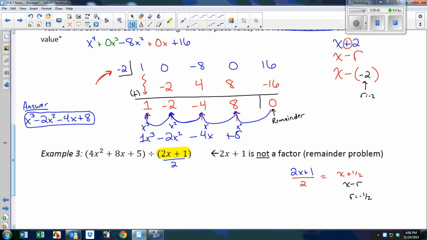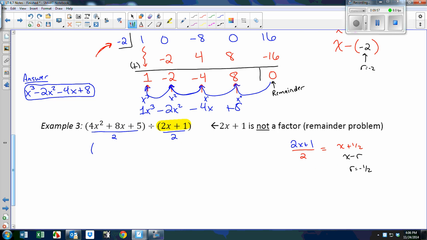So you have to come over here and divide what you're dividing into by 2 as well. Essentially, you're performing this division: 2x squared plus 4x plus 5 over 2, divided by x plus a half.